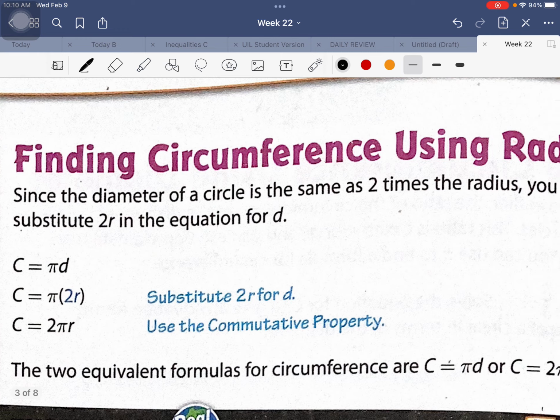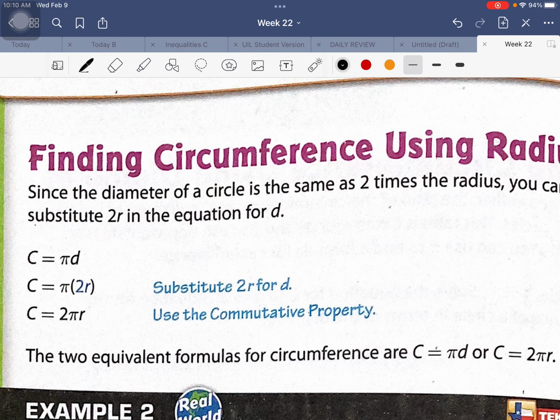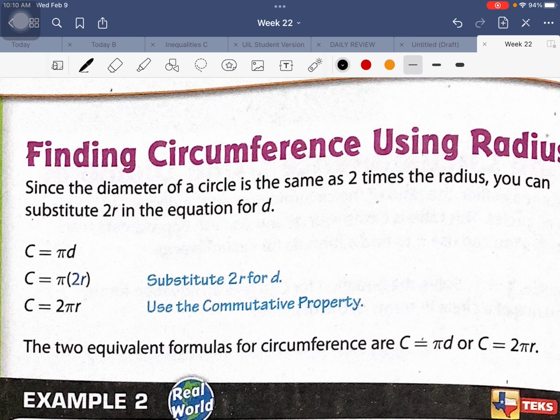Finding circumference using radius. Since the diameter of a circle is the same as 2 times the radius, you can substitute 2r in the equation for d. Now, 2 times the radius represents diameter.